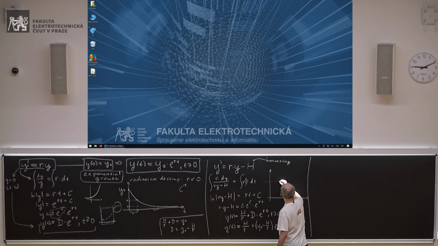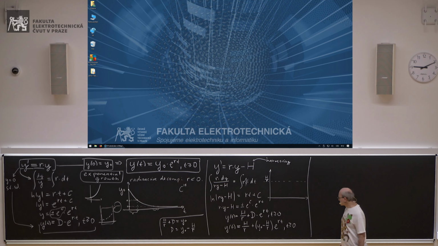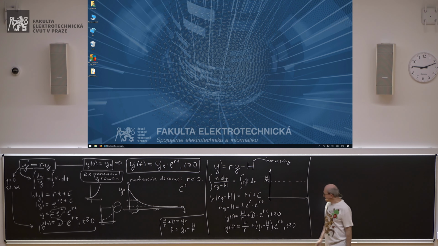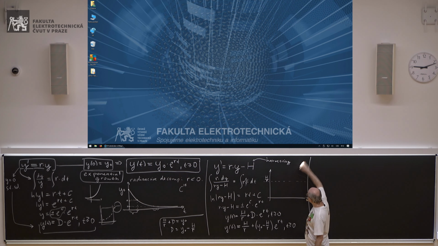h over r is the basic level. Now, if r were negative, then this exponential at infinity would be 0. So the solutions would be going towards this value. But for rabbits, r is positive, so this exponential goes to infinity.